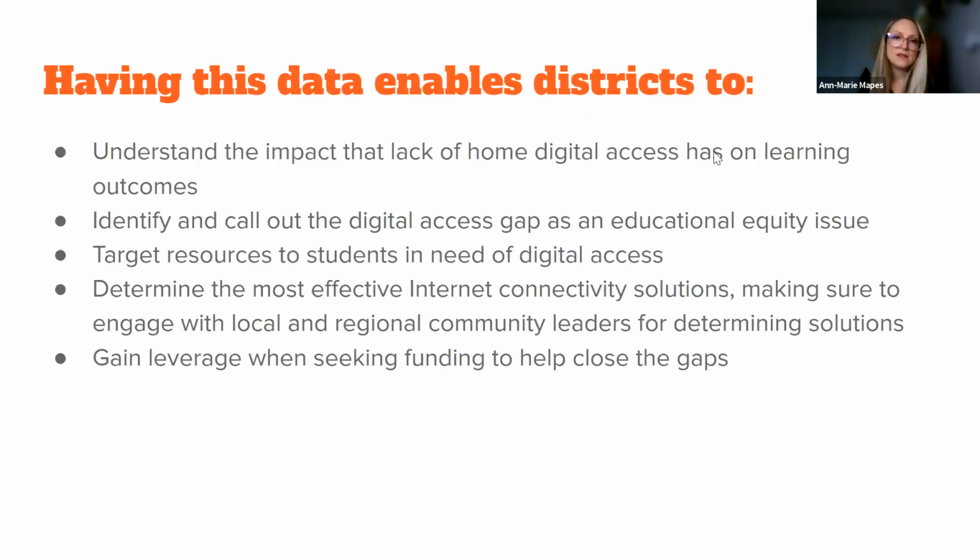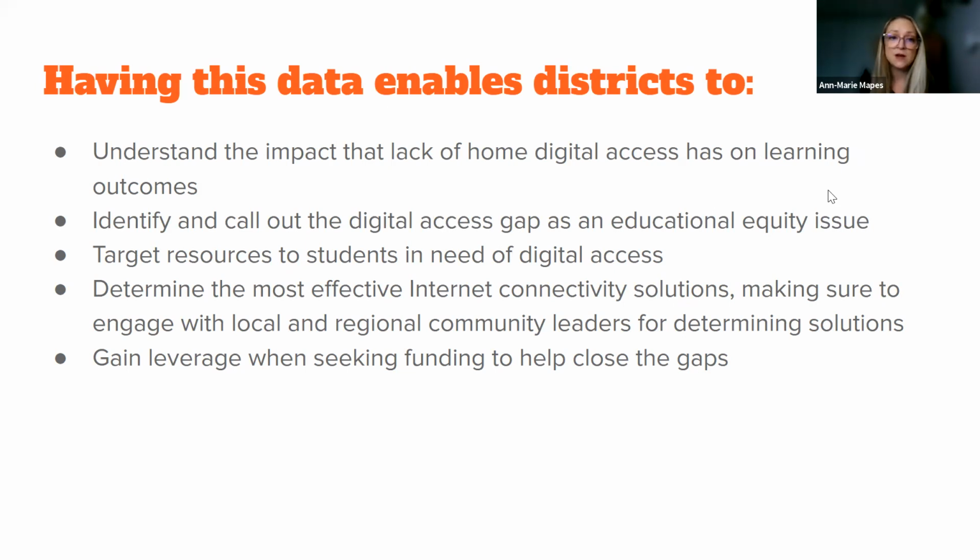So what can having this data available do? We see this as the real why at the heart of this. This data can enable districts to understand the impact that home access or lack of home access might have on student learning outcomes. They can identify and call out the access gap as an educational equity issue.